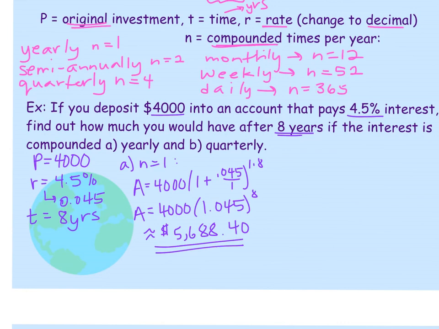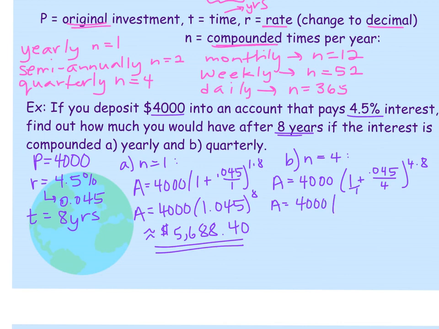Now, if it's quarterly, that means n will equal 4. And quarterly is going to be a little bit trickier in that parentheses, so try to follow along. If we have A equals 4,000 again, still investing the same amount, 1 plus 0.045 over 4 to the 4 times 8 power. In the parentheses, we want to get a common denominator. So we still have 4,000 on the outside.